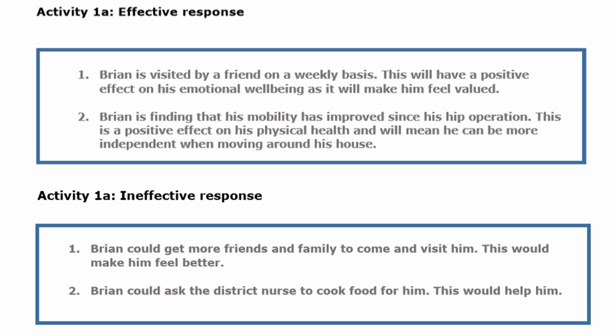Now, if we have a look at the ineffective responses, Brian could get more friends and family to come and visit him. This would make him feel better. This is not actually written in the scenario. You need to look at what's there. Brian could ask the district nurse to cook for him. This would help him. A district nurse, for one, doesn't cook for somebody.